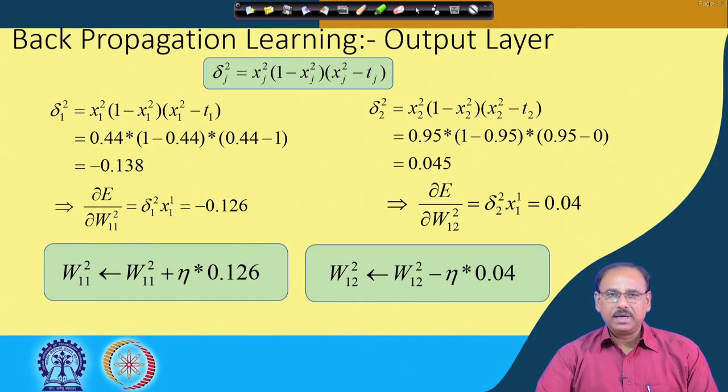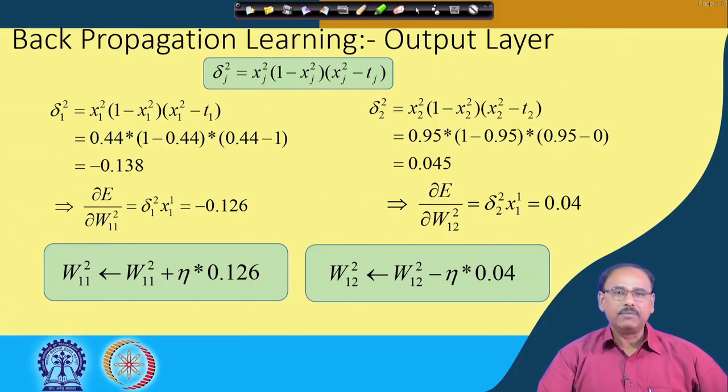And as I have computed delta 1 2 as minus 0.138, del E del W 1 1 2 is simply delta 1 2 into x 1 1, that is the output of the first node in the hidden layer. So, del E del W 1 1 2 is nothing but minus 0.126. So, what is x 1 1?